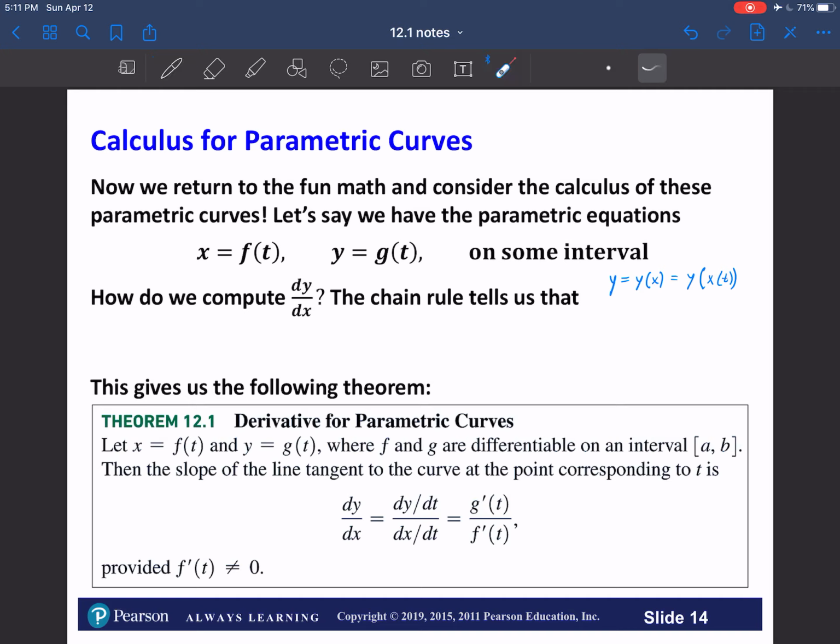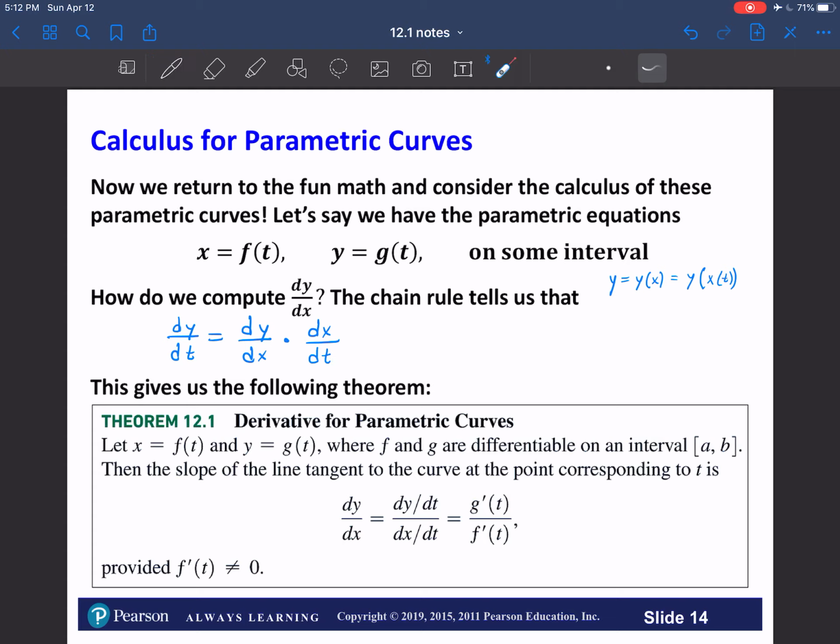We have an outermost function y and an innermost function x of t. So the chain rule would ultimately tell us that if we wanted to compute dy by dt, then this would be equal to dy by dx times dx by dt.